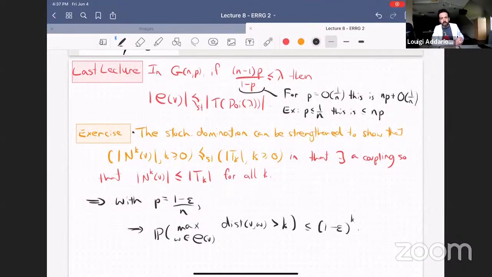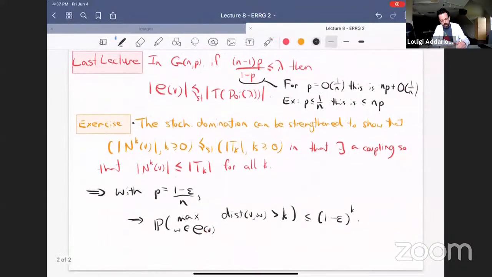Then you can use similar ideas relating the behavior of a single vertex to the worst case behavior to show that if you maximize over any two vertices, this is looking at the diameter of the graph, if you like: the distance between v and w on the event that v and w are in the same component.